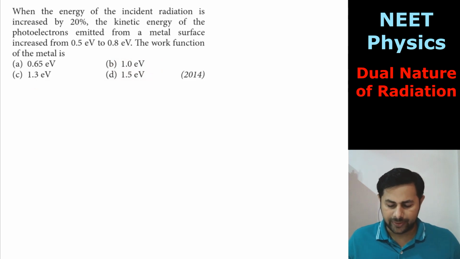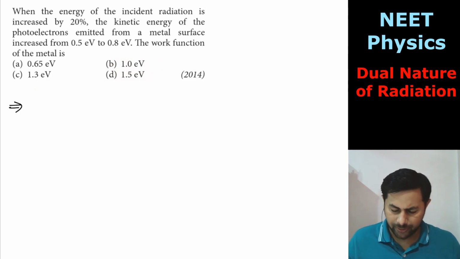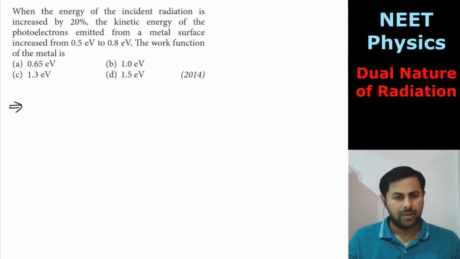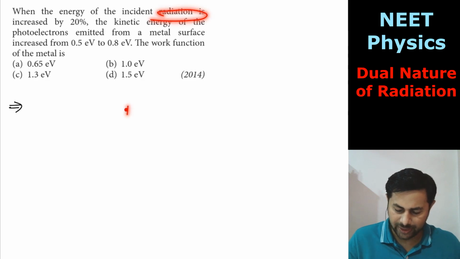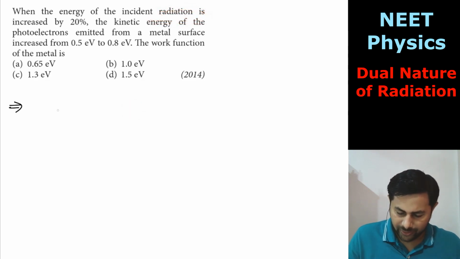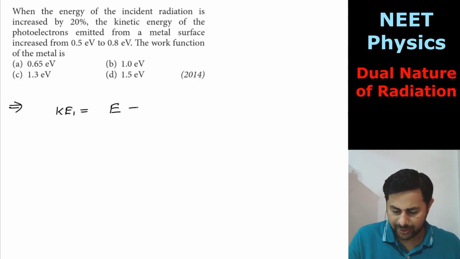Suppose in the first case the energy of incident radiation is E, let's call it E only. Then you have Ke1 is equal to E minus phi naught.